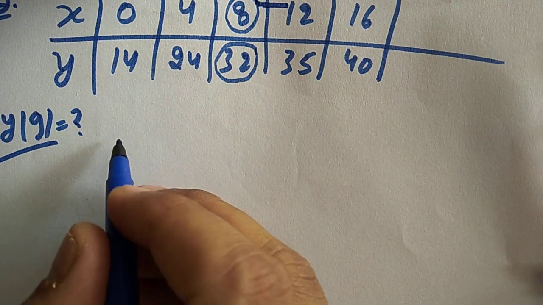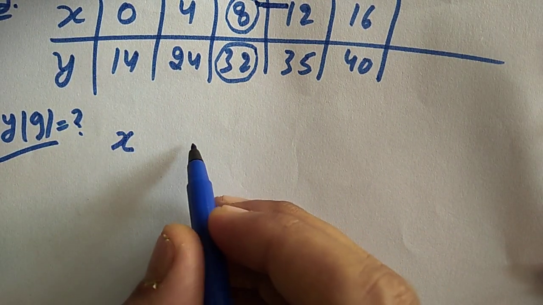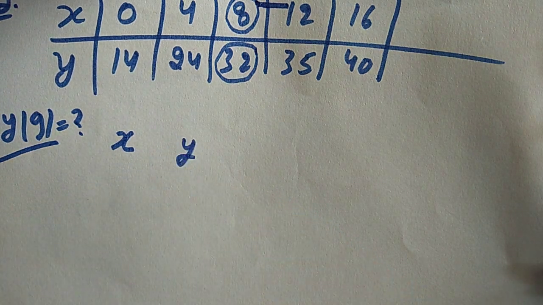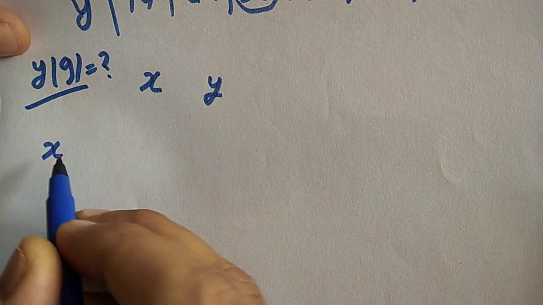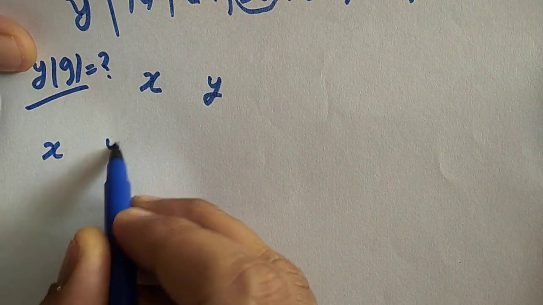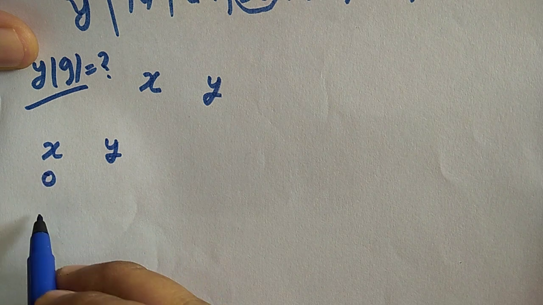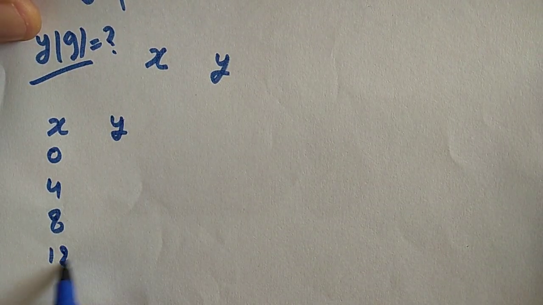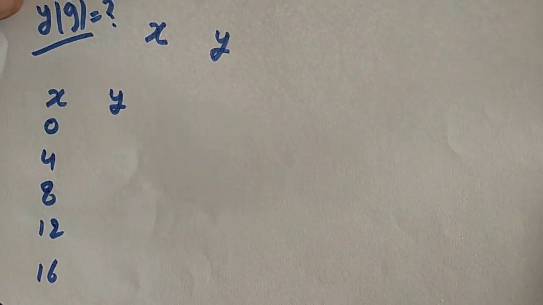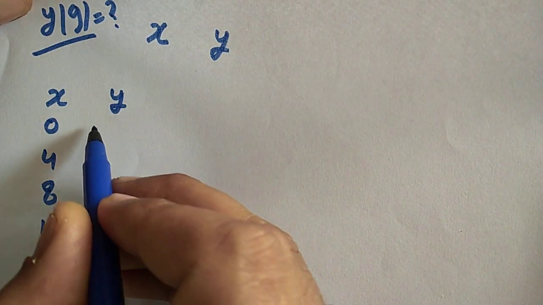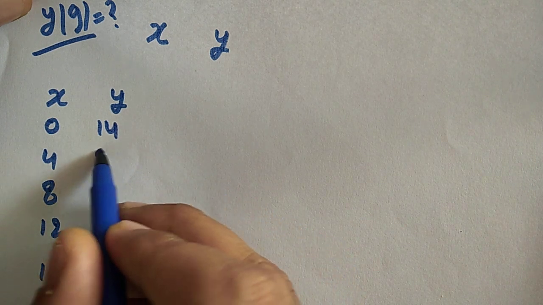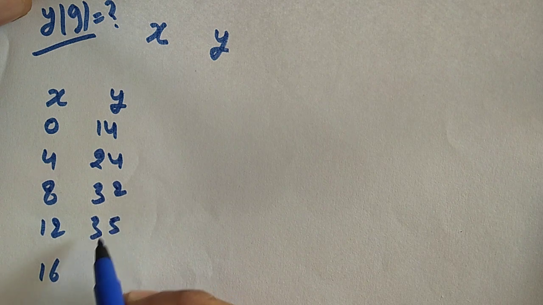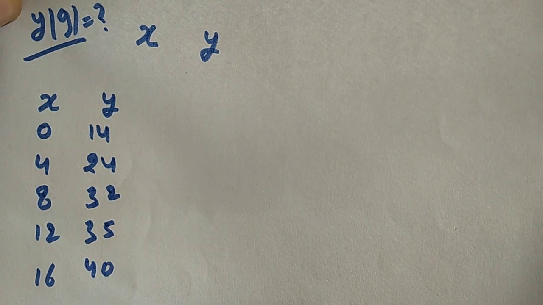So the difference table: we have x here and we have y. So x equal to 0, 4, 8, 12, 16, and y will be 14, 24, 32, 35, 40.